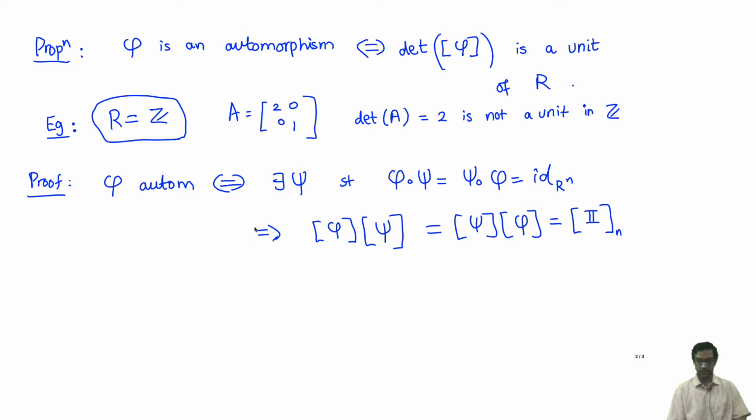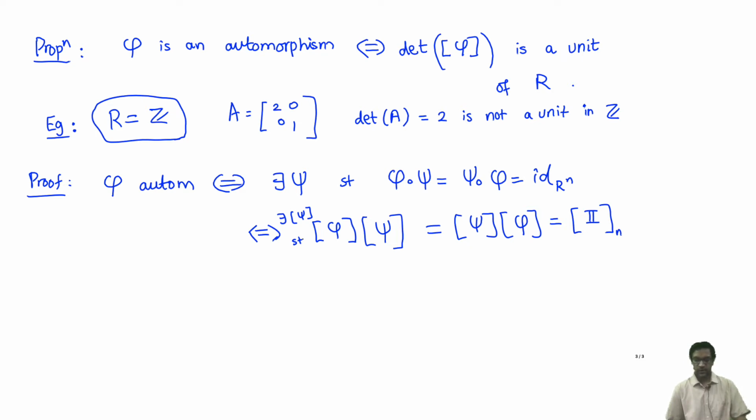In other words, it's easy to see because you can identify endomorphisms with n cross n matrices. So I can reverse this chain of equations. It holds if and only if there exists a matrix of psi such that this holds. So what does this really mean?